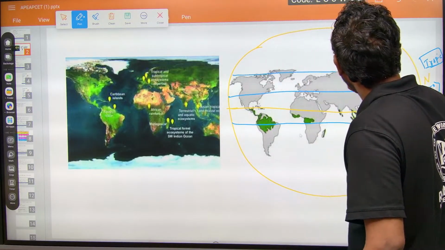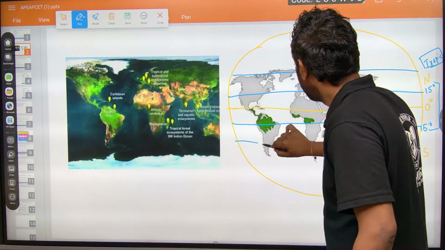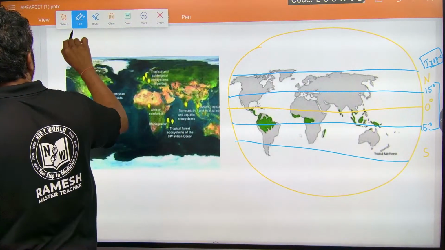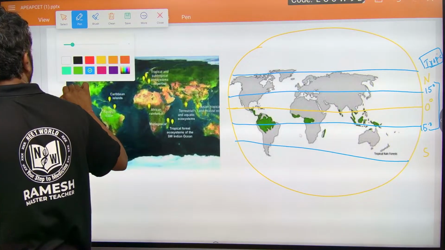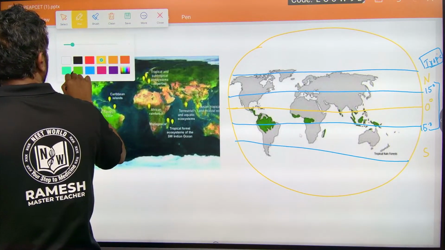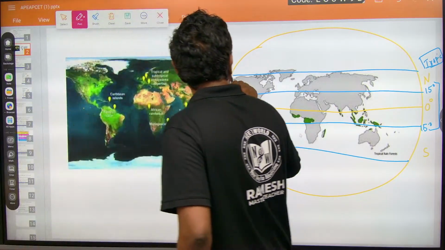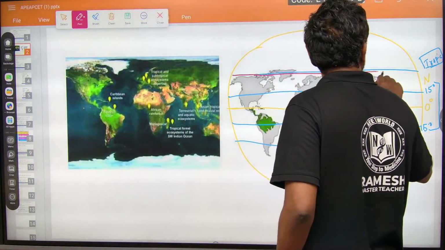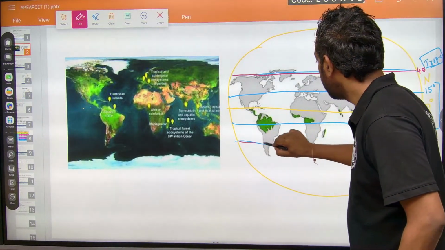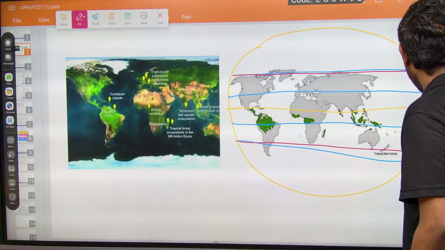After that, 15 to 45 degrees is the temperate region.